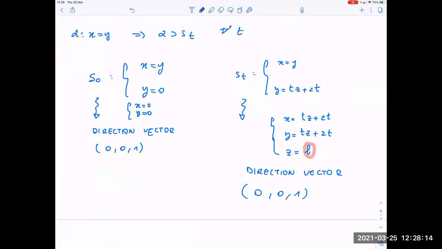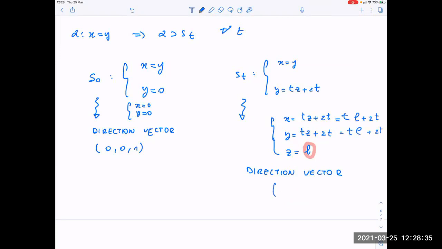Okay? So, oh, sorry. You are correct, Alberto Eusebio, because now that z is equal to L, I have to do my job correctly. So it is t L plus 2t.